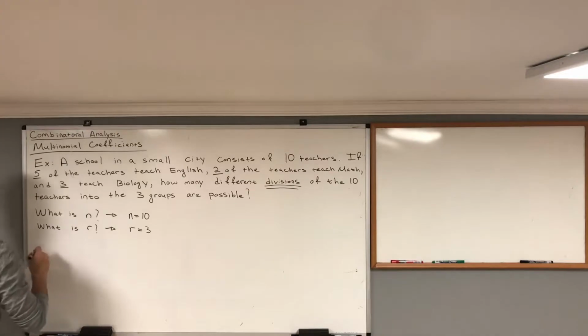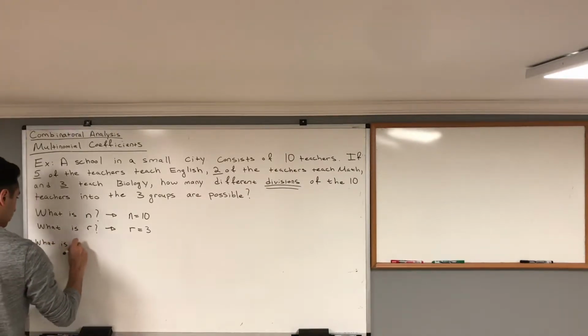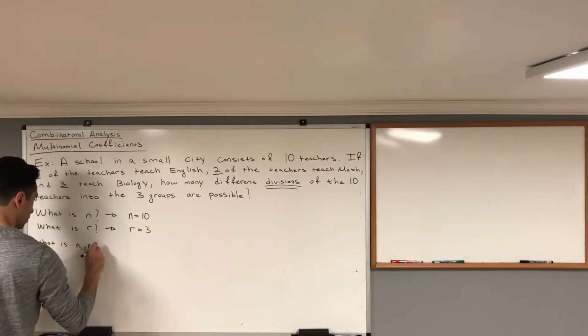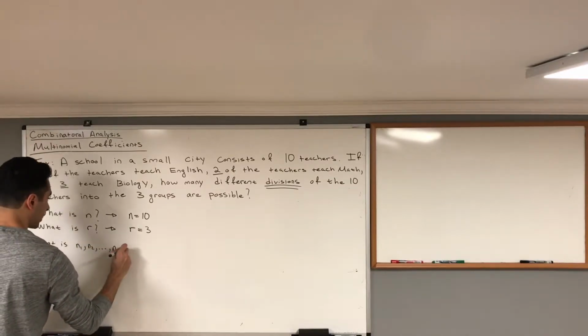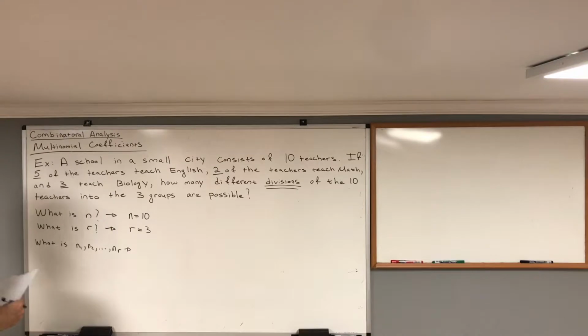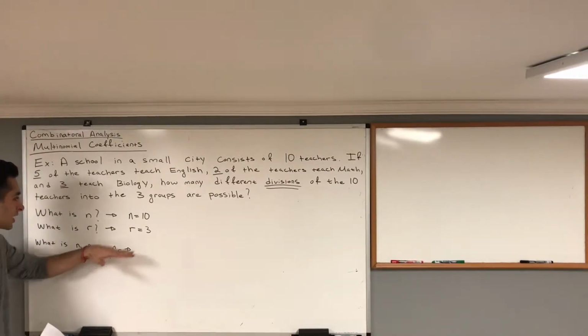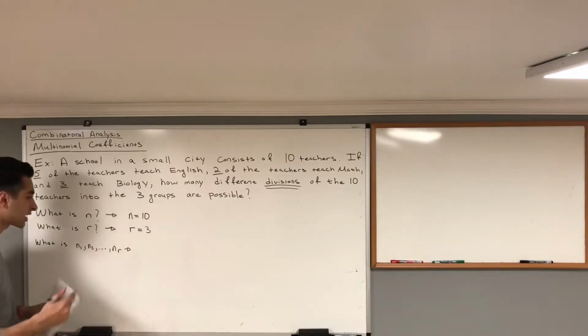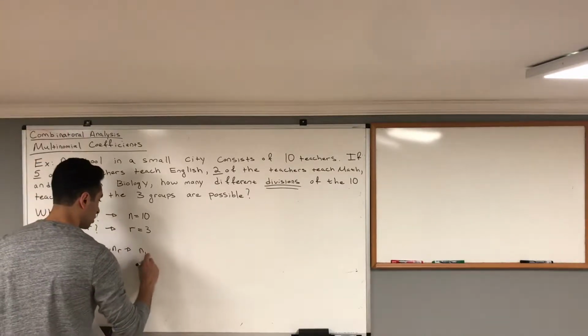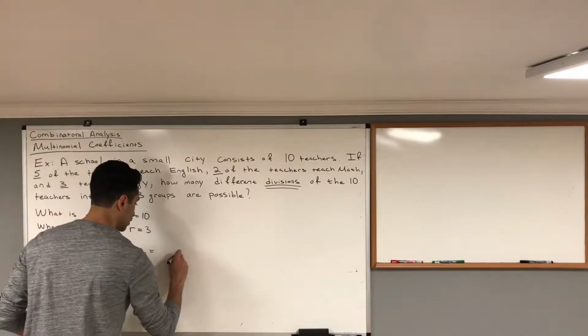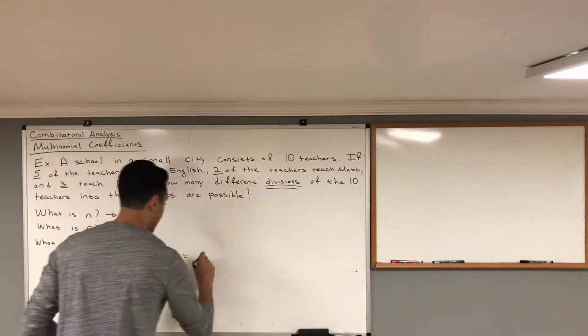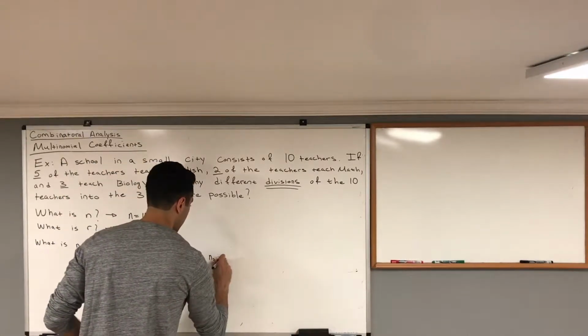And finally, we want to know what are n1, n2, and so on, and how many of them do we have? You have as many n1s, n2s, and so on as you have groups. So in this case, I'll have n1, n2, and n3, and no more than that, and no less.